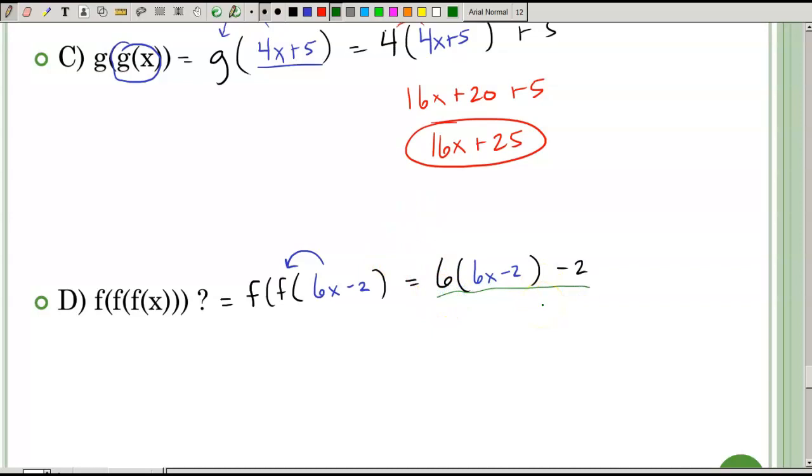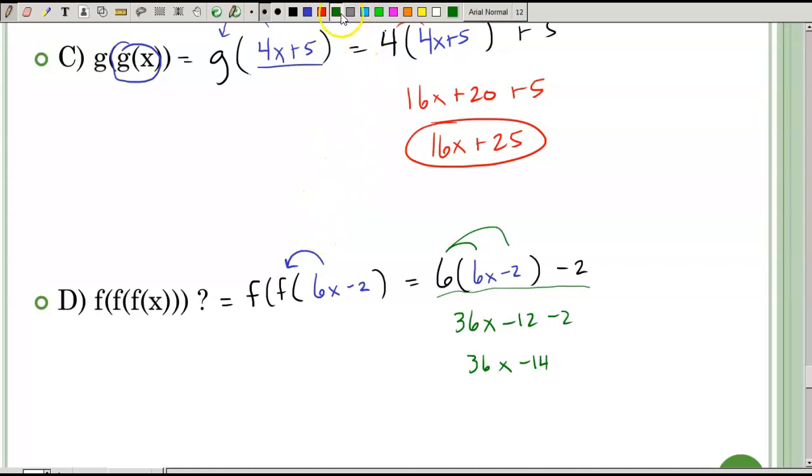I'm going to simplify that first before I plug it in again to the function. So I'm going to take 6 and multiply this out. This will be 36x minus 12, and then minus 2. So this is 36x minus 14.